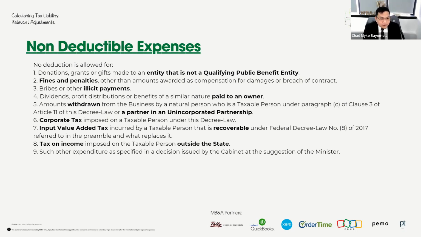And if you have paid some taxes in other countries, say for example, you have some projects outside of the UAE, and you have made some payments for taxes there, in this case, those taxes that you have paid outside of the state will not be considered as deductible expenses.